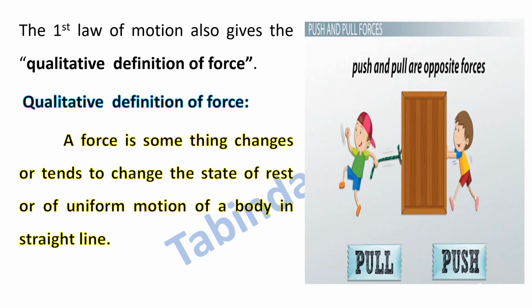We can say that a force is something that changes or tends to change the state of rest or uniform motion of an object in a straight line, as I have discussed earlier. Here is an example of an object. You can see a door, or you can say it is a cabin.